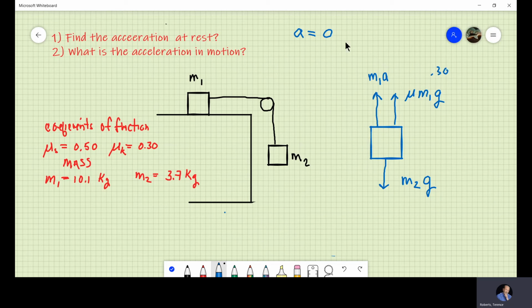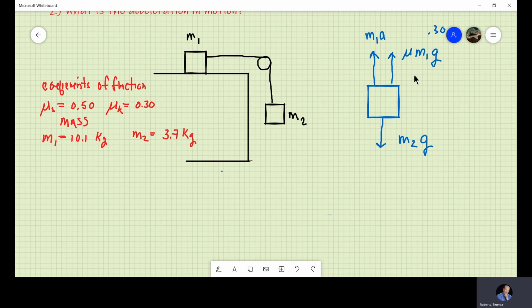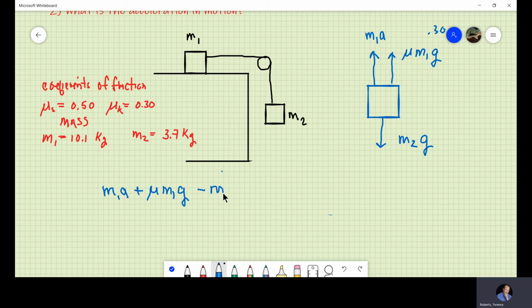So how do we solve this problem? Well, we have everything we need right here in the body diagram. So let's just put it together. First of all, we have M1A plus we have mu M1G, and then also we have a negative M2G.